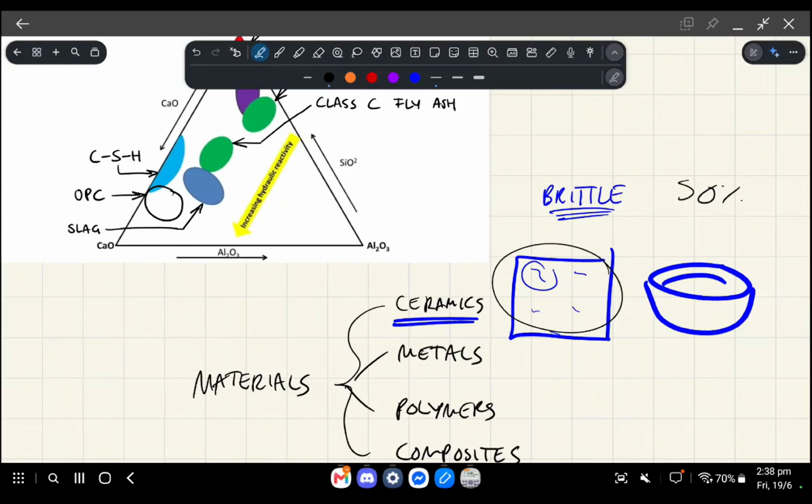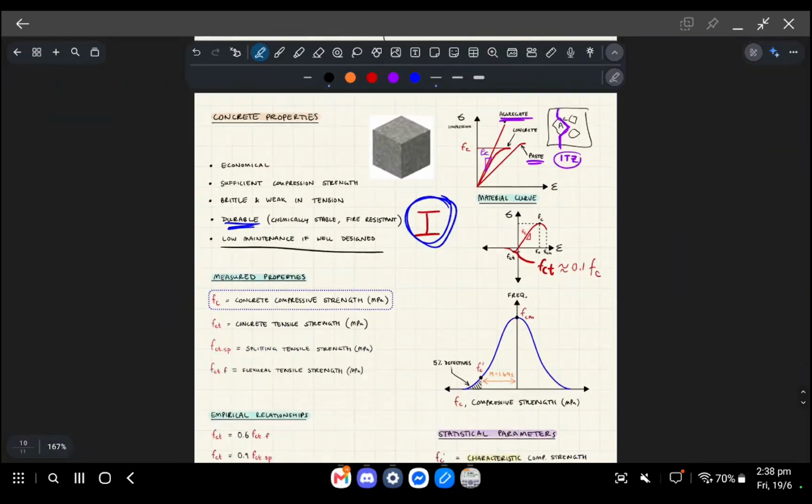So ultimately, when we're measuring concrete strength, going back to concrete, we have to account for the randomness or the probabilistic nature of these materials, okay? So there's a probability aspect to it, okay?